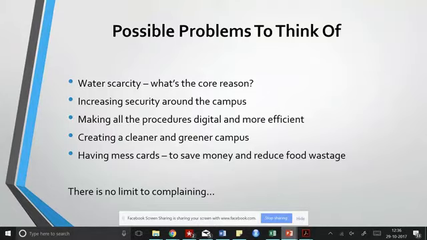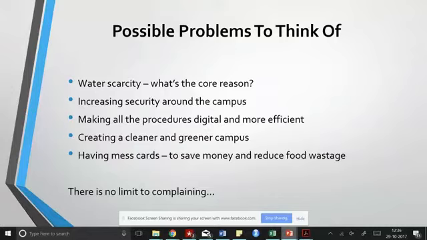So here, the core reason is just limited supply. Instead, what you can think of doing is how you can judiciously use the water that you get every day, because obviously there's a lot of waste. This is one possible problem which you can think of, and here the solution matters much more than just coming up with the problem statement.